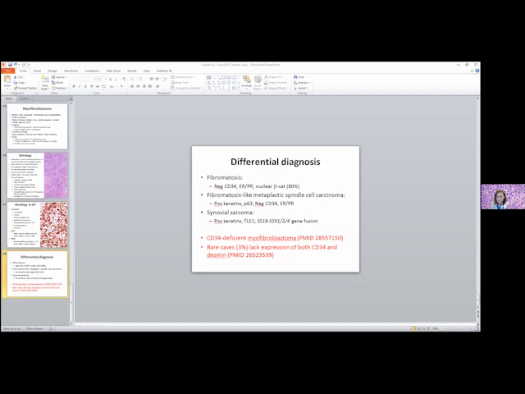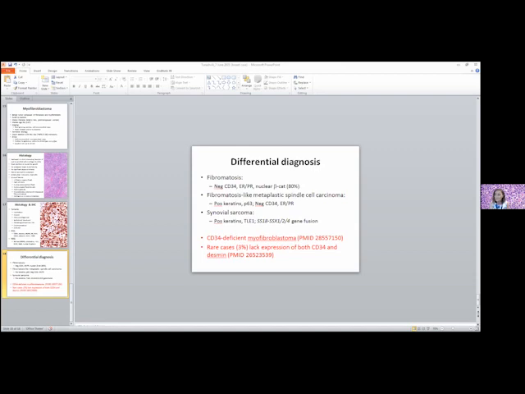But usually synovial sarcoma will have some expression of keratins, TLE1 will be positive, and then the characteristic gene fusion will confirm the diagnosis. So this case was unusual enough for us to do fusion testing, and it was negative.